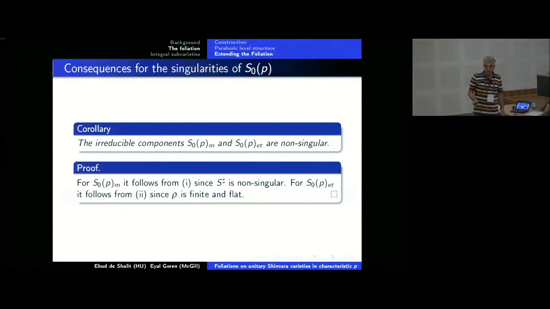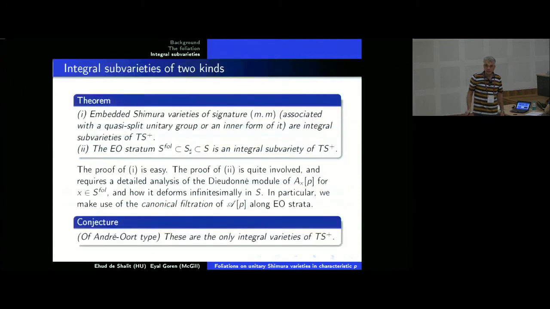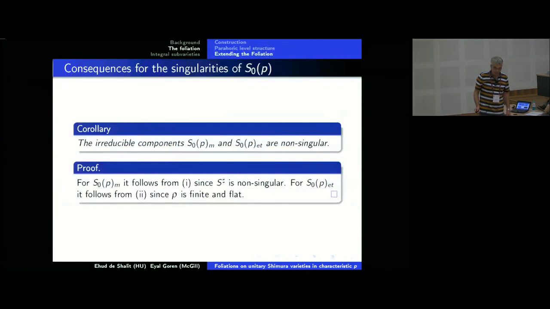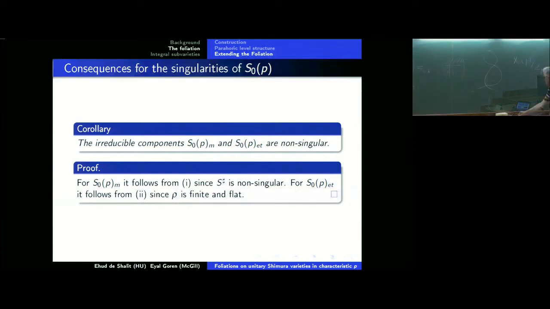Okay, so let's go further. Maybe I'll just say one word before I go to integral subvarieties. The proof of this uses Gertz's theorem, because in a way we know that we have a foliation here.